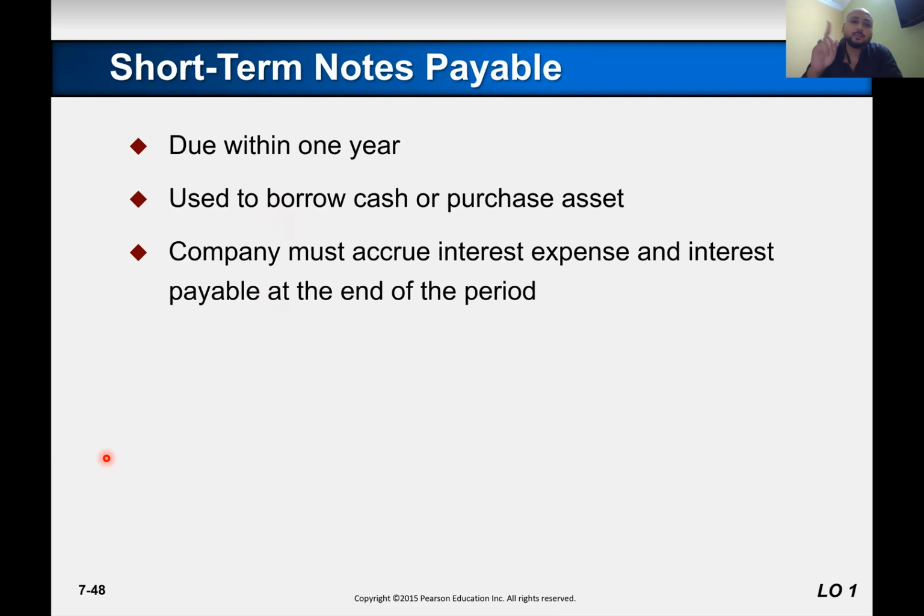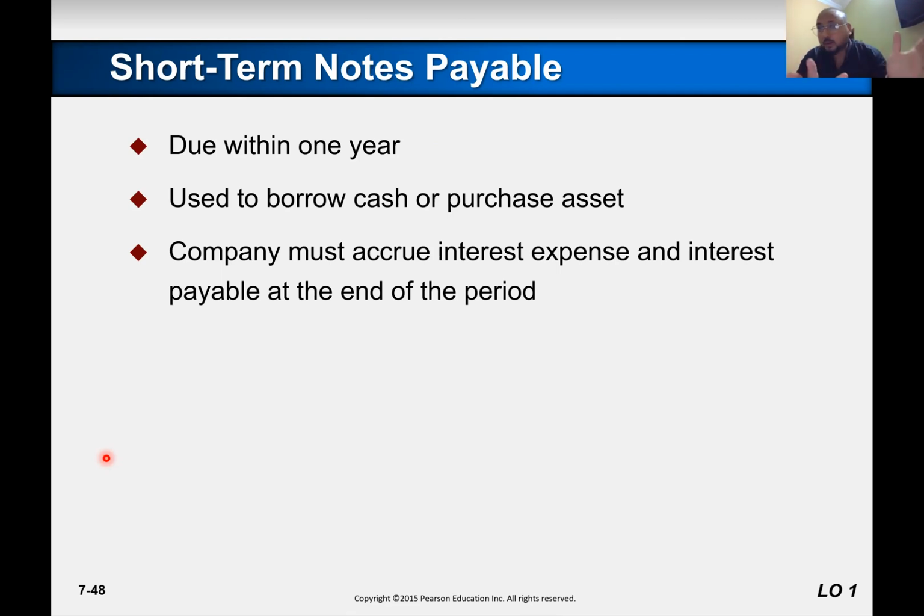Simple. We purchase supplies from our suppliers. The entry, you already know that: supplies to accounts payable. Simple. So similarly, the short-term notes payable, how are we going to account for them? Similarly, their life is less than 1 year.